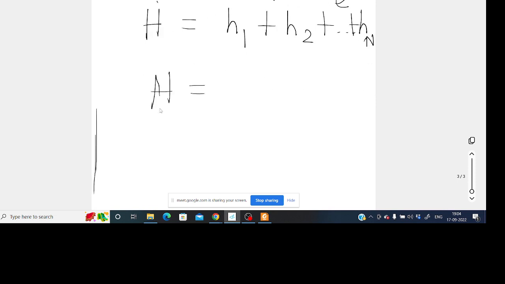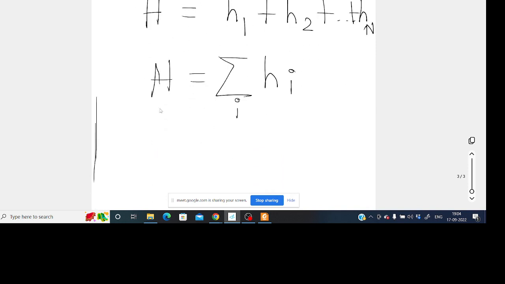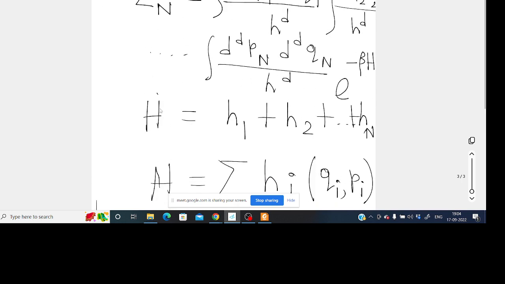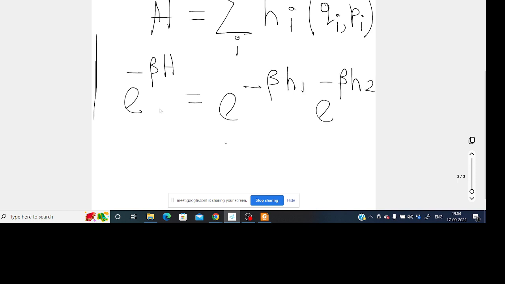So your H can be written as the sum over i of hi, and this hi is a function of qi and pi. So e to the power minus beta H can be written as e to the power minus beta h1 into e to the power minus beta h2 and so on up to n.